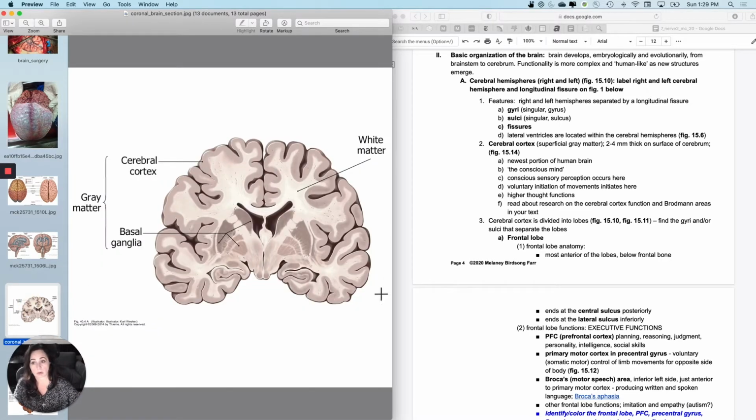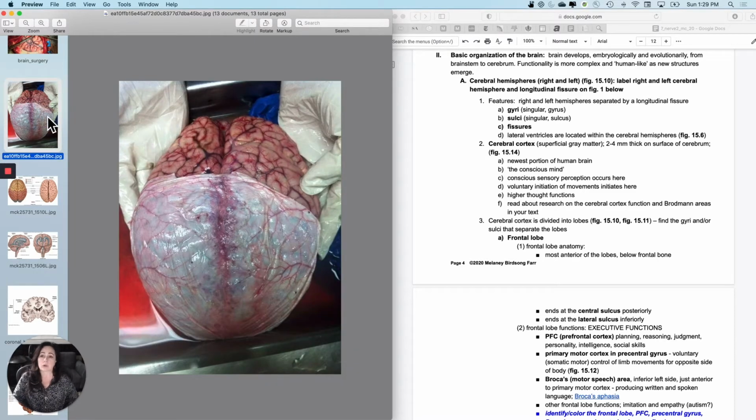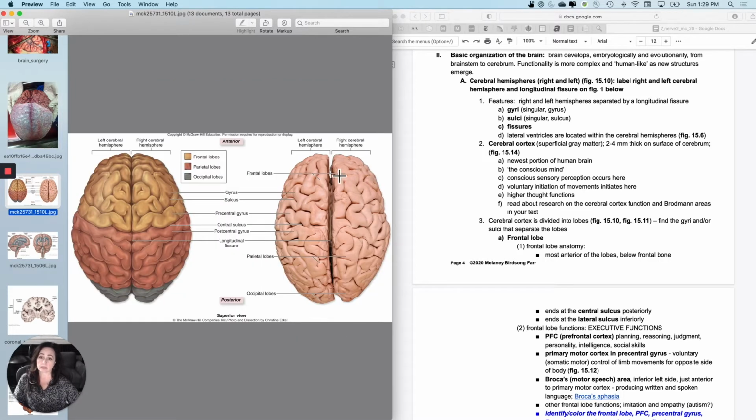So this is a coronal section showing you the outermost portion of the cerebrum and how folded it is. What you're looking at with the cerebrum are these characteristic folds, these hills and valleys. And then you can see one basically canyon in the middle of there. So let's name the hills, name the valleys, name the canyon.